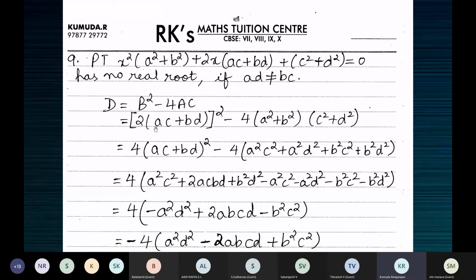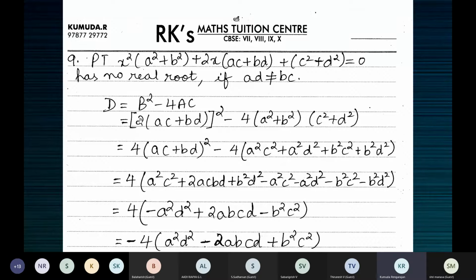See, children, I told you in the last class also that B is 2 of AC plus BD. This entire thing is B. Open a square bracket, close the square bracket and square it. Inside the square bracket you must write B, the whole of B squared.